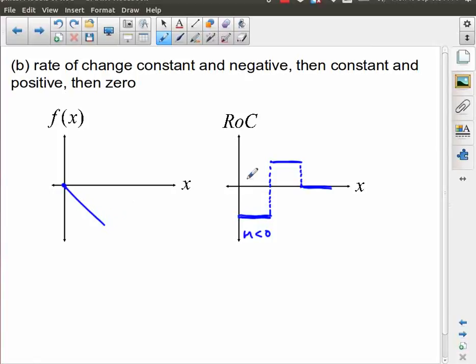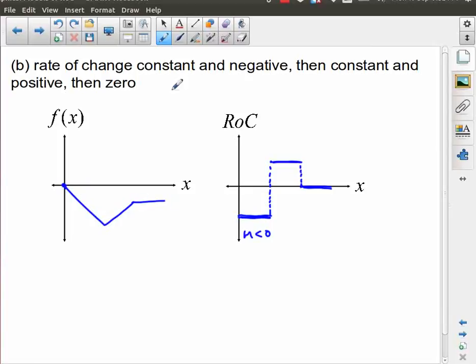So I'm going to put in, now it just so happens, it looks like my negative is slightly bigger than my positive. So I'm just going to make this a little more shallow. And then I have a constant slope of 0. A 0 rate of change means a 0 slope over here. So that's going to be a horizontal line. And there you have it.